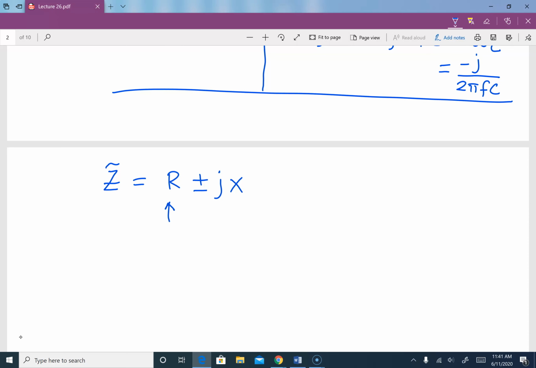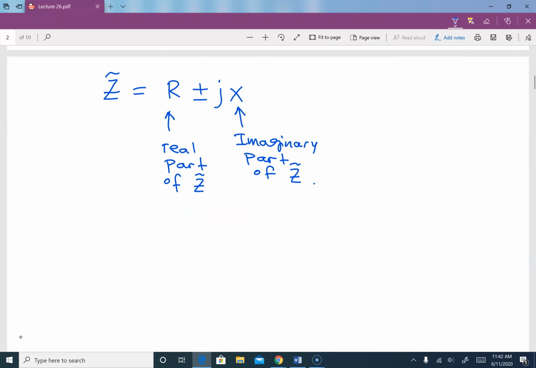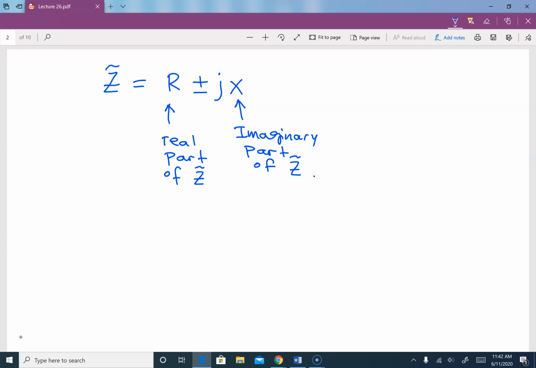So the R here is the real part of Z, and the X is the imaginary part of phasor Z. So now, why we have over here a plus and minus? It depends on the impedance.